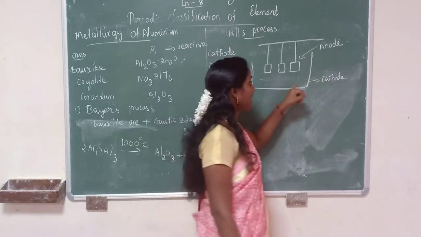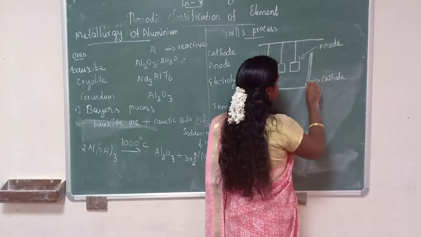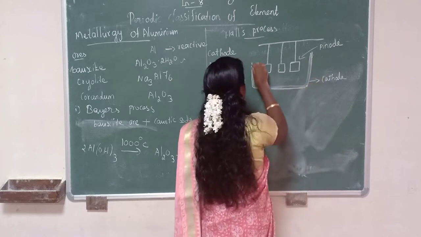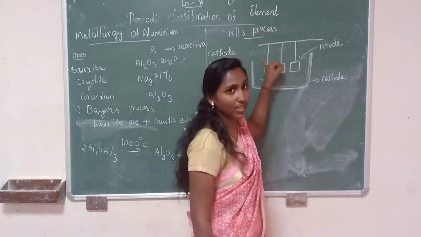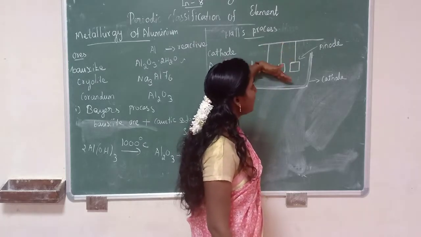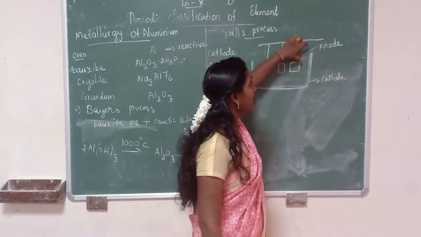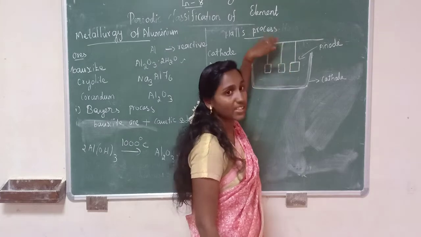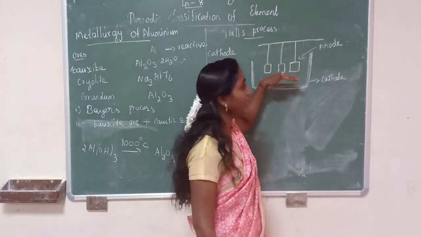This iron tank is lined with graphite. And for the anode, some rods are given, right? So bunches of graphite rods are suspended in the molten electrolyte.